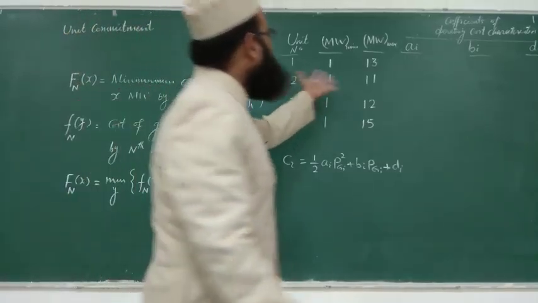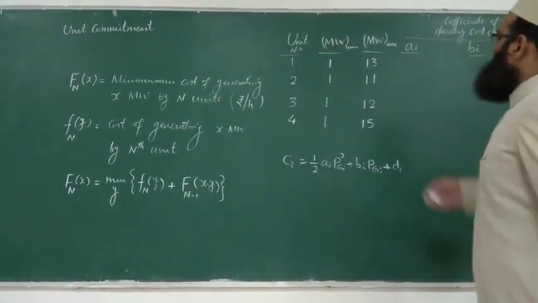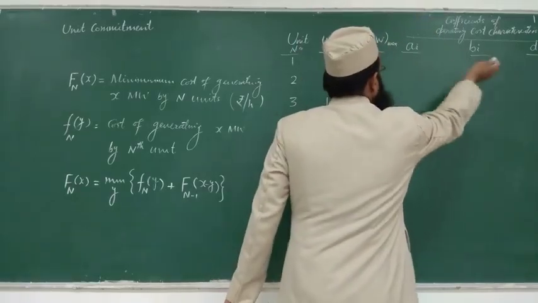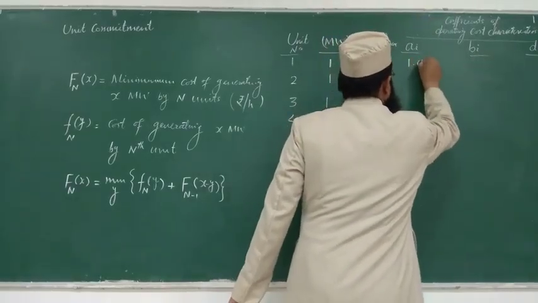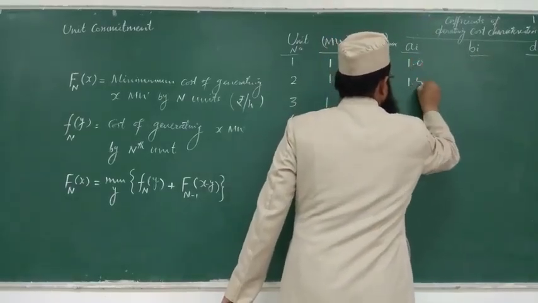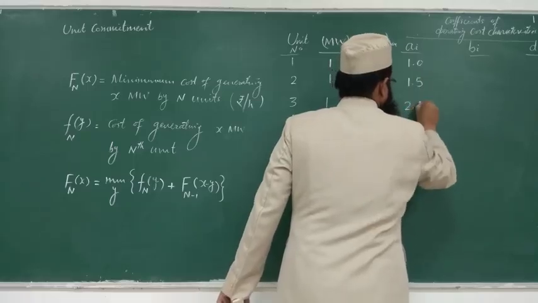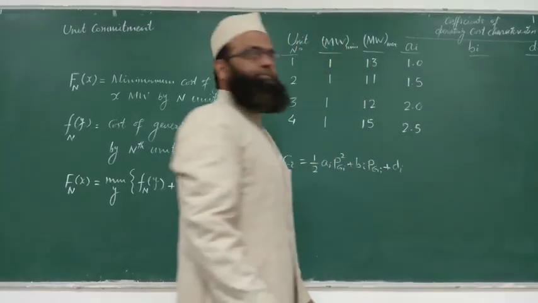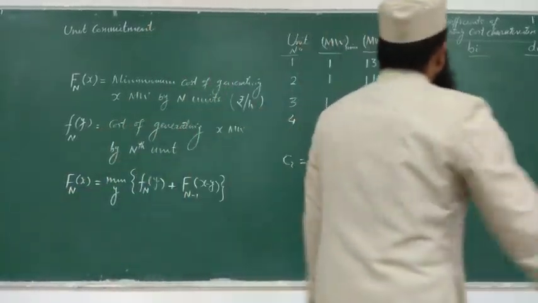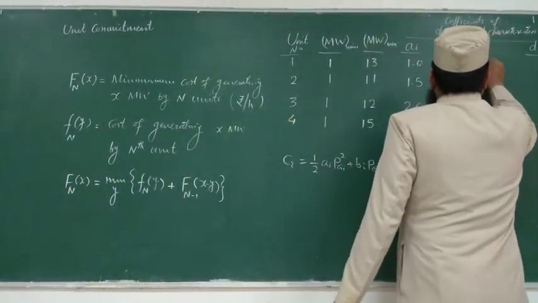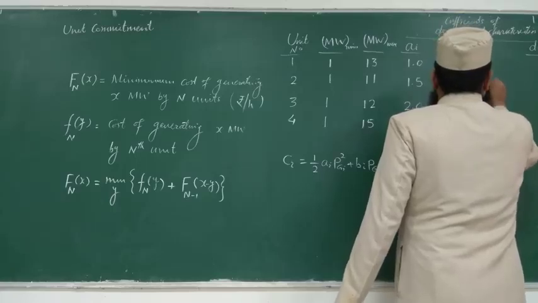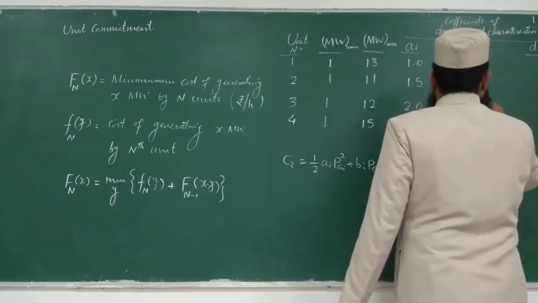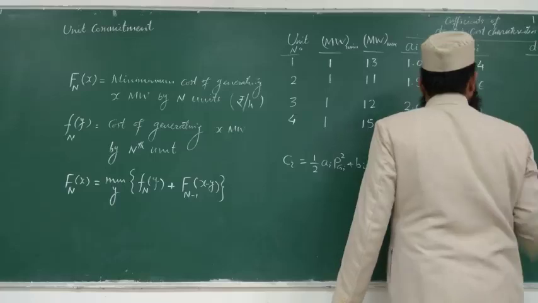So we have assumed some random values, and assume some, okay, 1.0, let us assume 1.5, 2.0, and let us say 2.5, so that calculation will be easy. You can put any value. Let us assume this as 24, 26 or 29, 31 like that.